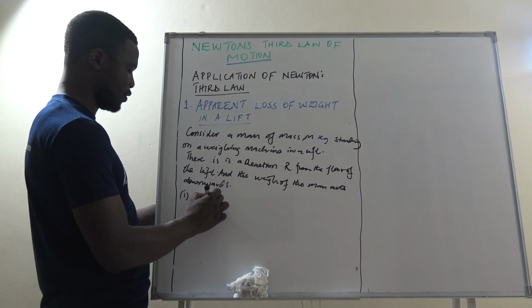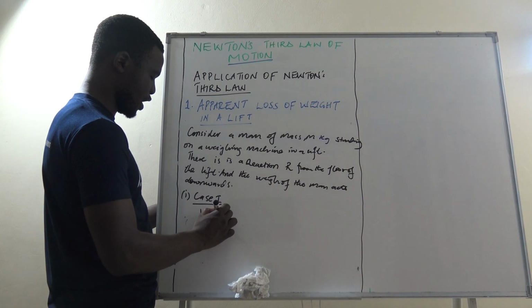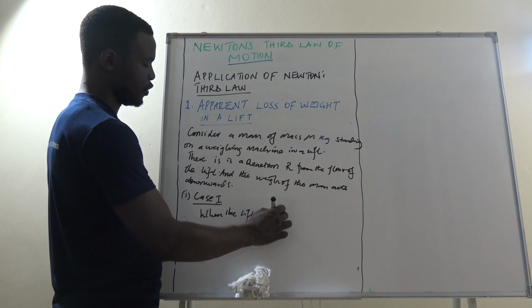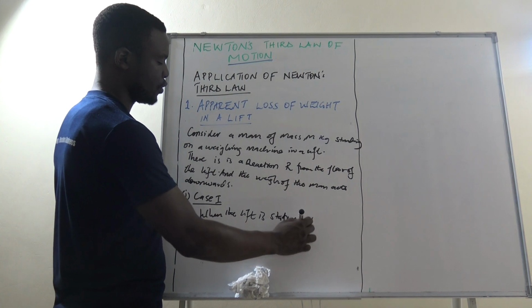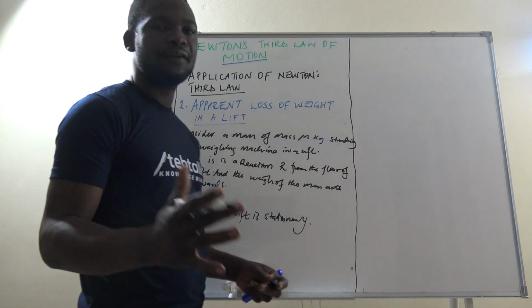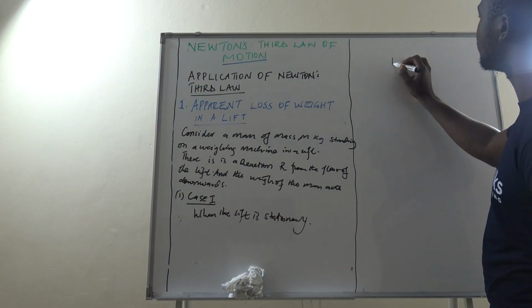Now we are going to look at several cases. Case 1, let us look at a case when the lift is stationary. Now when the lift is stationary, let us sketch.